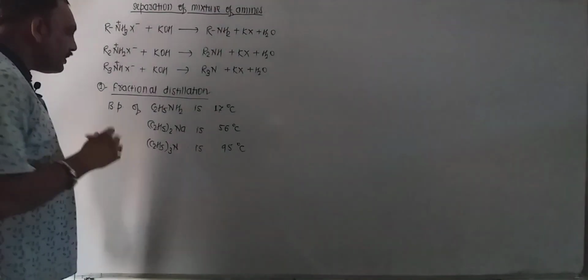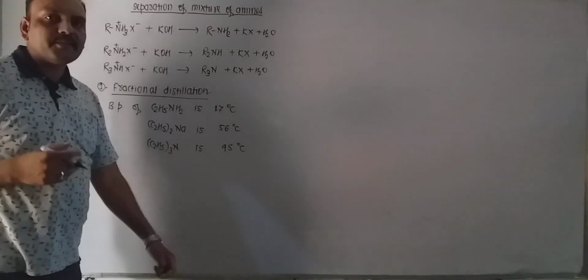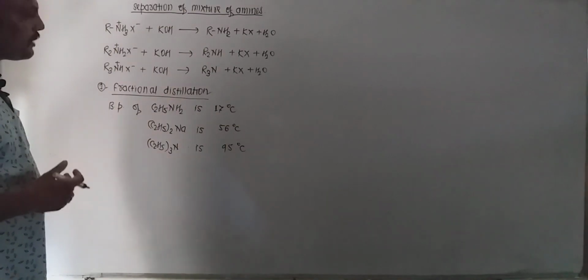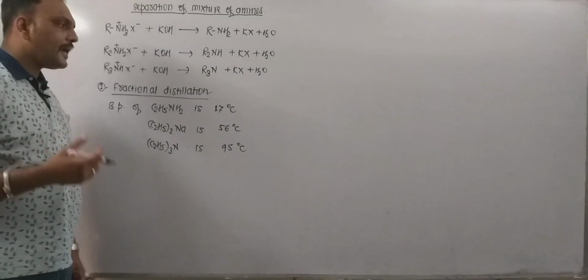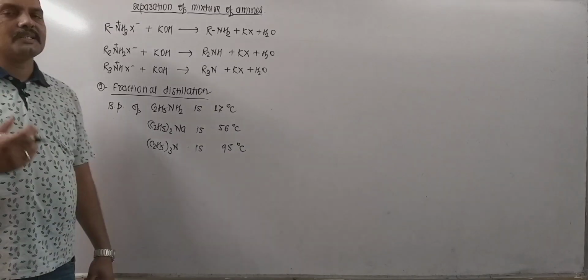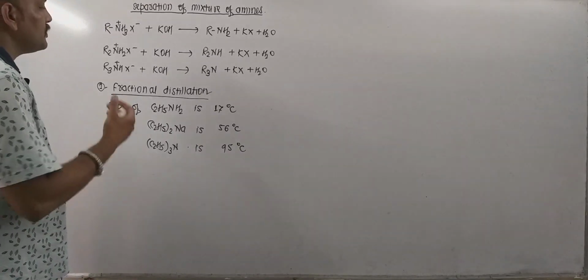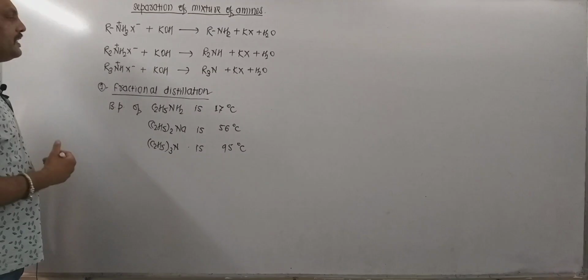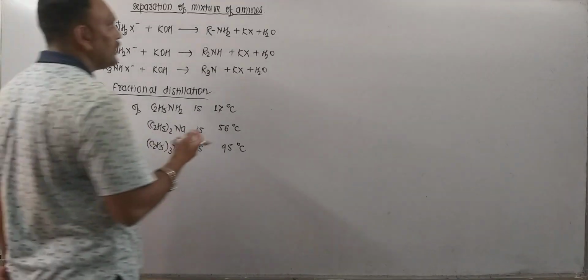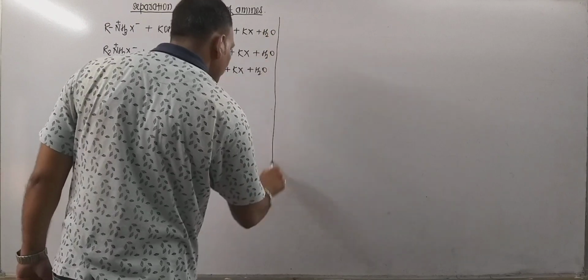There is a considerable difference between the boiling points of these amines. Therefore, one can adopt fractional distillation to separate this mixture. And remember, industrially, it is the most preferred method to separate amines.